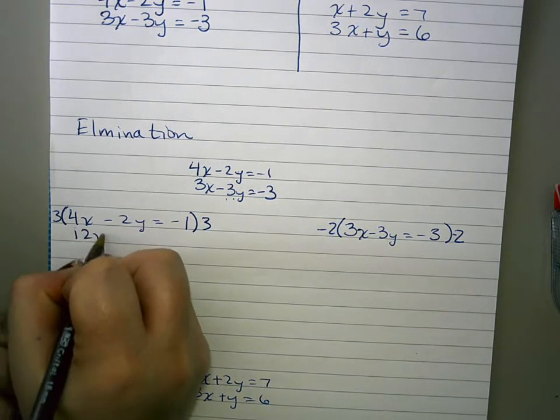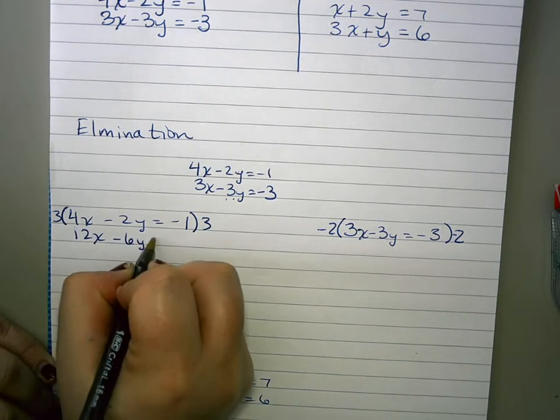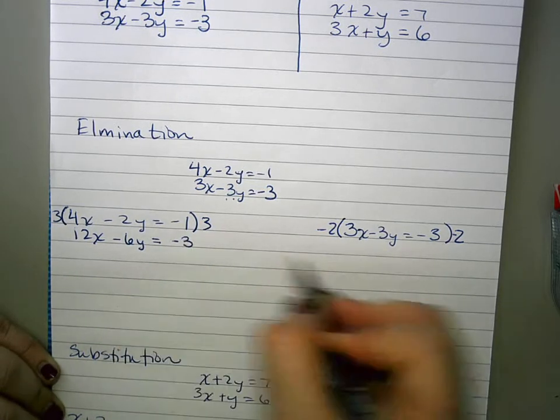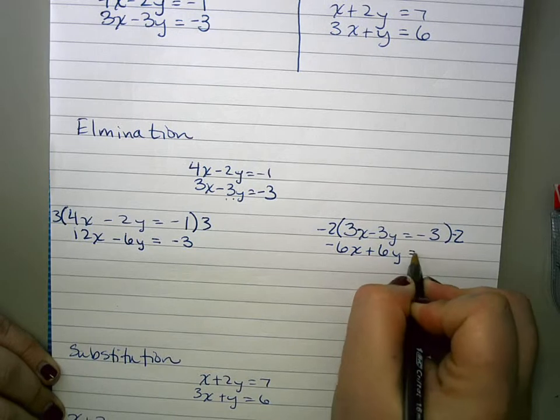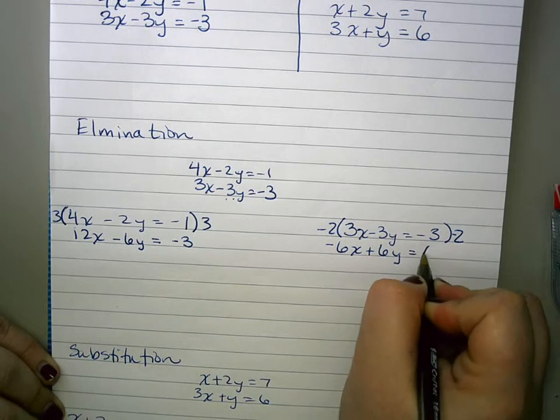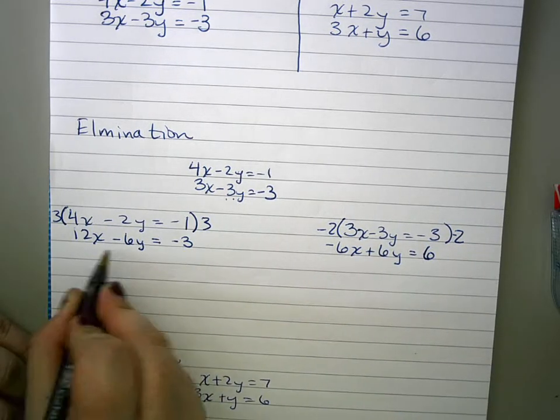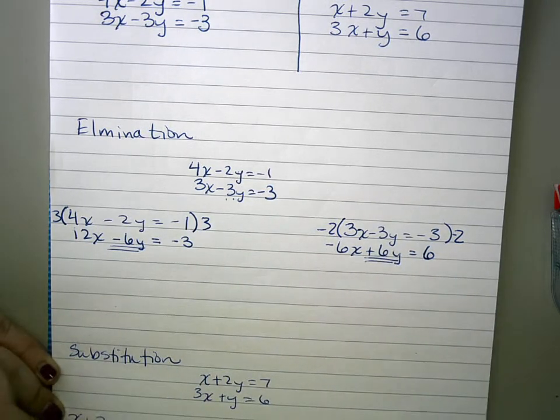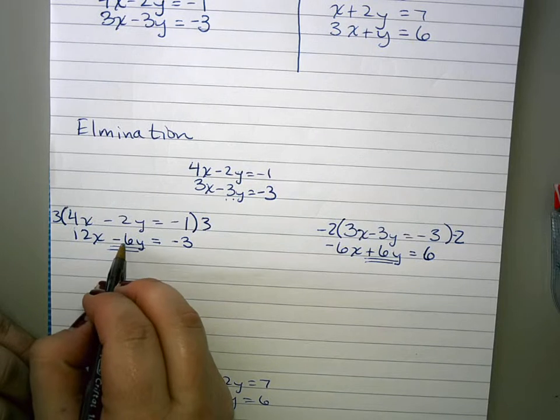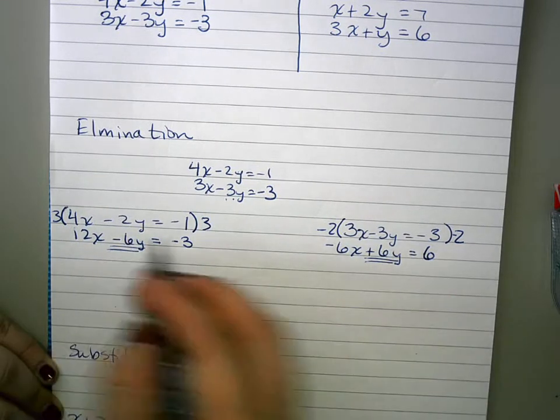Let me show you what I mean. See, we have negative 6y, we have positive 6y. The coefficients are actually opposite.